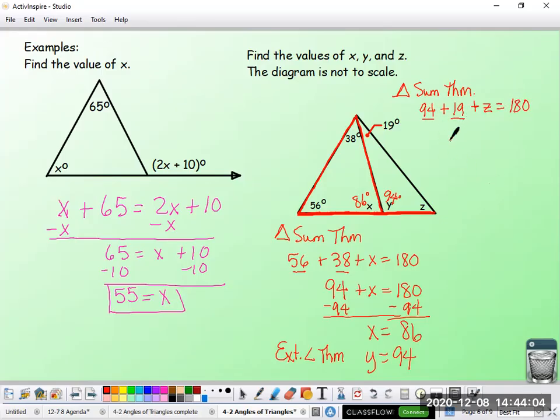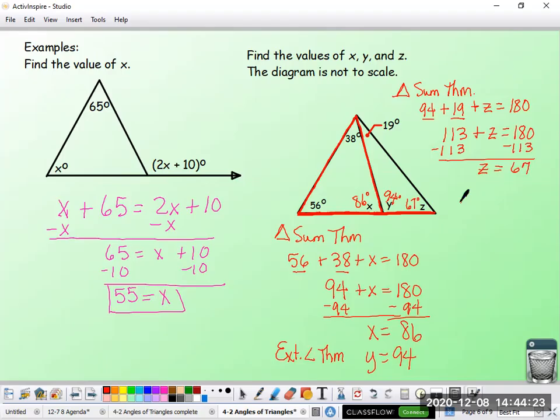Combine our like terms here. 113 plus z equals 180. Subtract that 113 from both sides, and z equals 67.